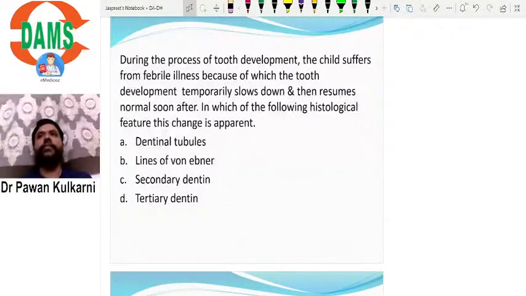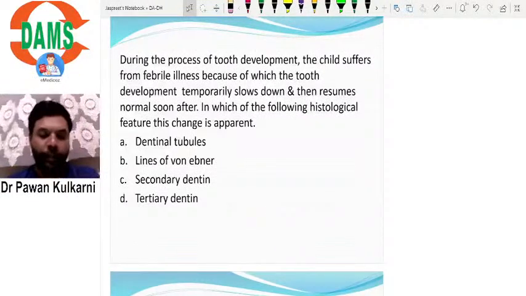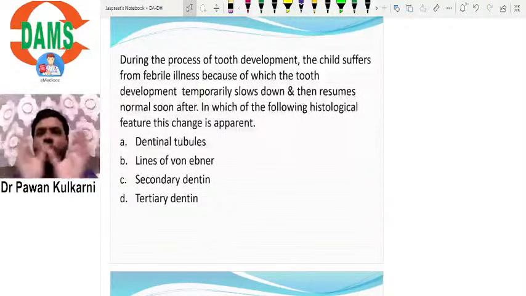There is one structure called incremental lines. Those are the strands which represent rhythmic deposition, either in enamel, dentine, cementum, or bone. In dentine, we have lines of von Ebner. Lines of von Ebner will become irregular and the distance will vary between them.